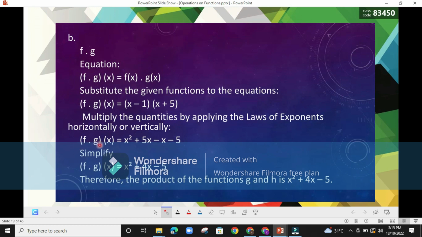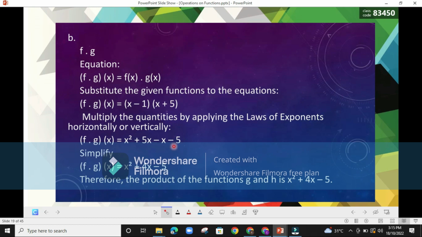So f times g of x is equal to, you have x times x, you have x squared. Remember the FOIL method, or you can use the distributive way of solving this. Then you have x times 5 is 5x, negative 1 times x is negative x, negative 1 times 5 is negative 5.